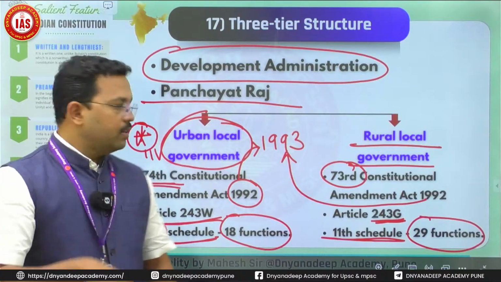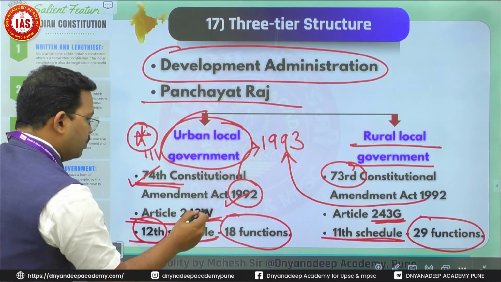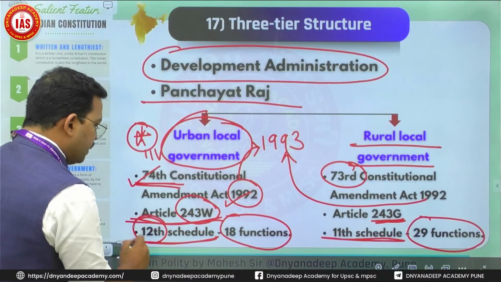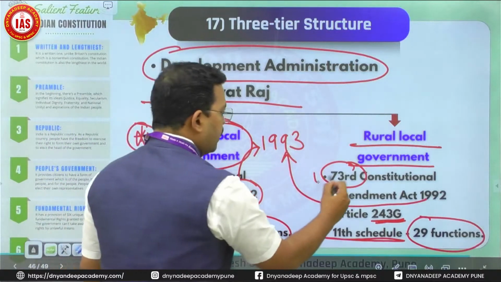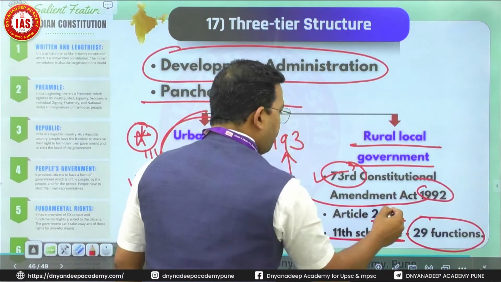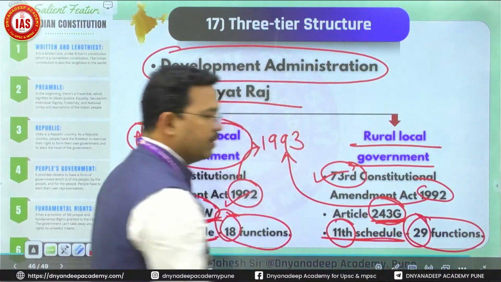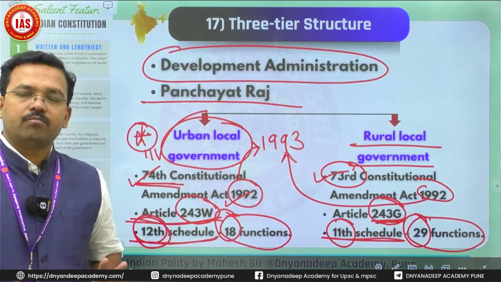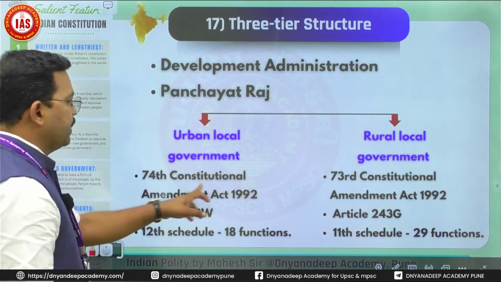Urban local bodies, 74th Amendment Act, 1992, 243 capital W, 12th schedule, 18 functions. Rural local bodies, 73rd Amendment Act, 1992, 243 capital G, 11th schedule, 29 functions. Be sorted. You should be very clear about what to read and what not to read for the UPSC prelims.